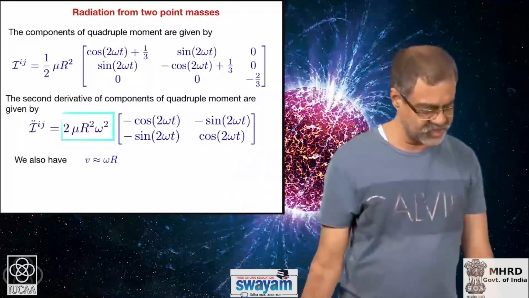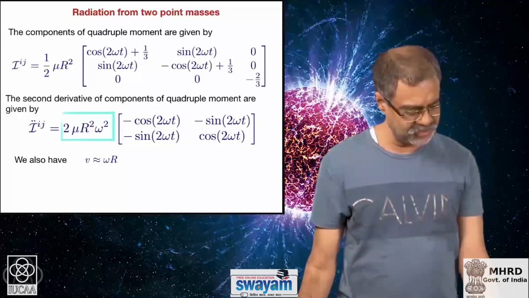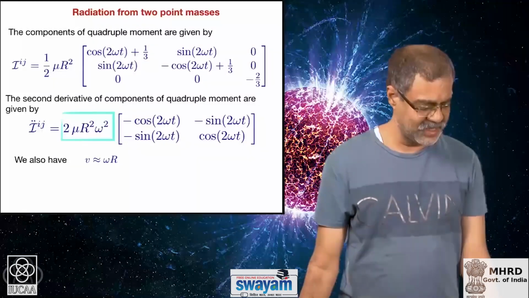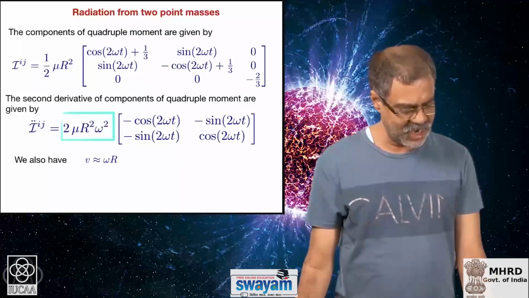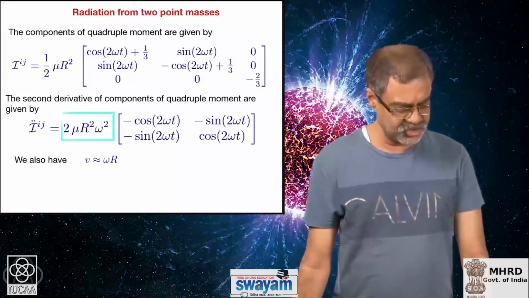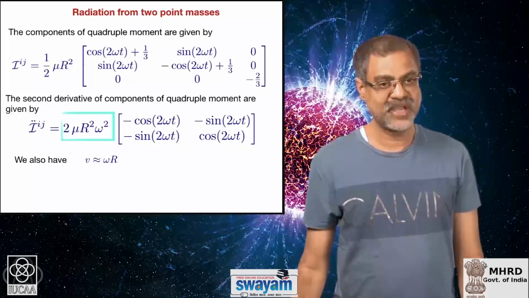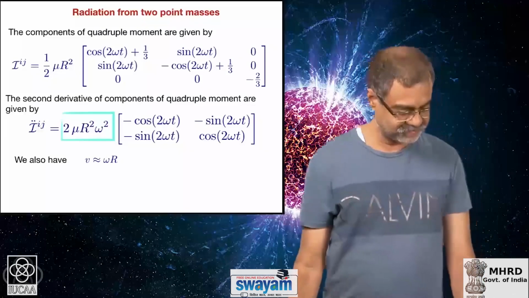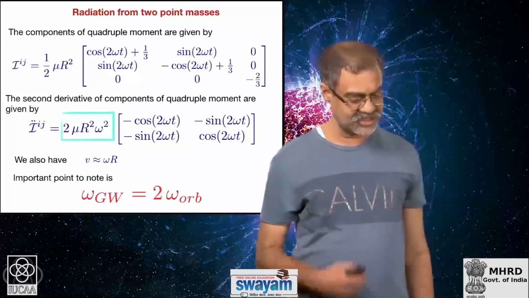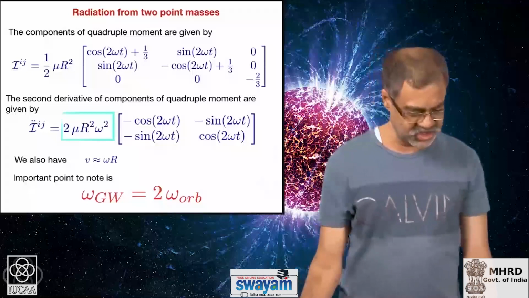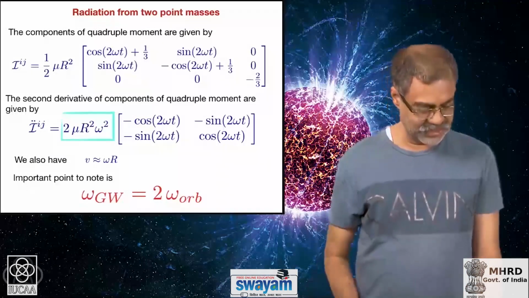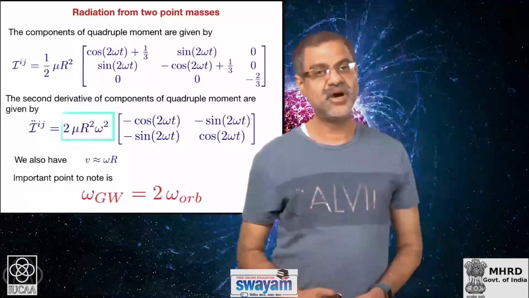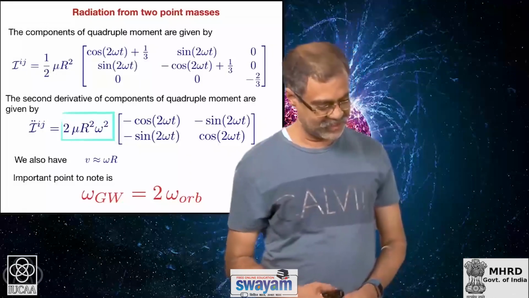This gives us that the amplitude of the radiation emitted essentially depends on the reduced mass of the system and the square of the velocity of the system. So, the faster the object goes around, the higher the amplitude of the gravitational radiation.